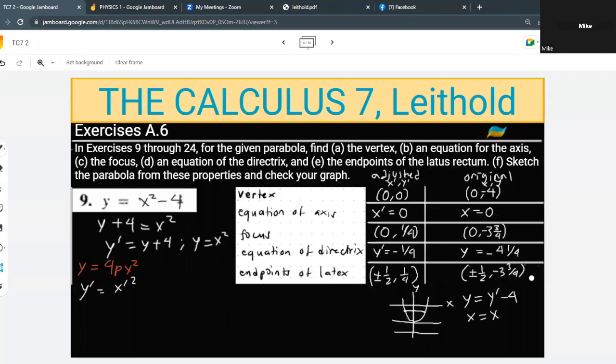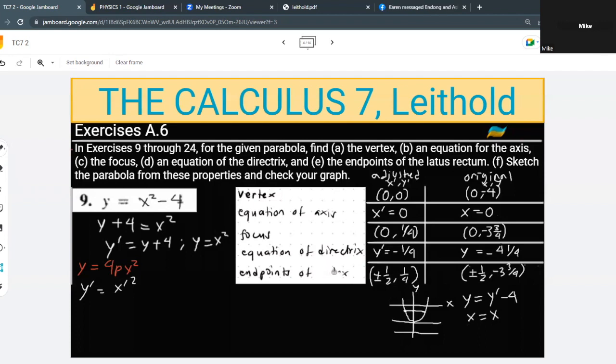Tapos, ang equation ng axis natin ay x prime equals 0, so we get x equals 0. So, yung focus, okay. And then, yung directrix, so negative 1/4 minus 4.